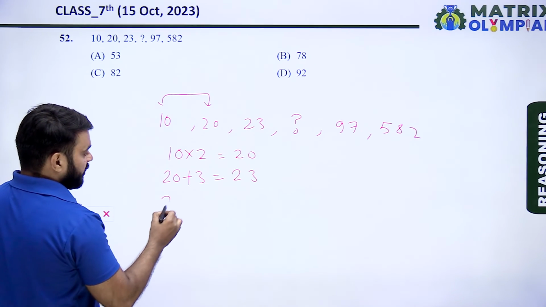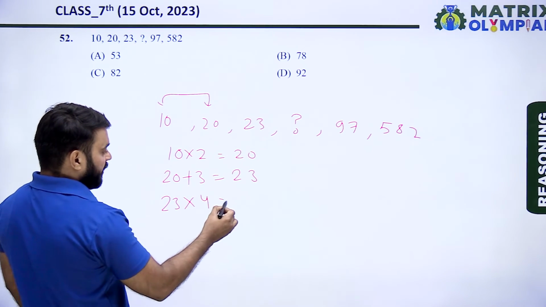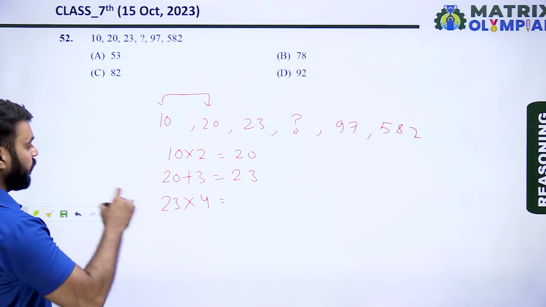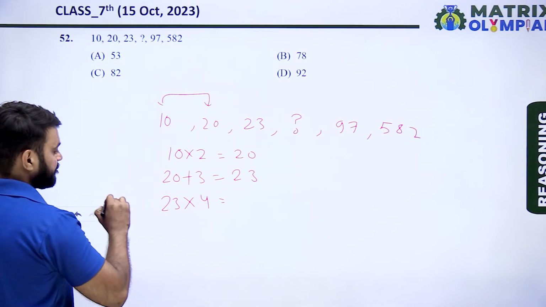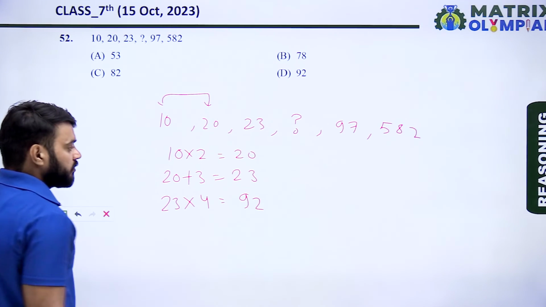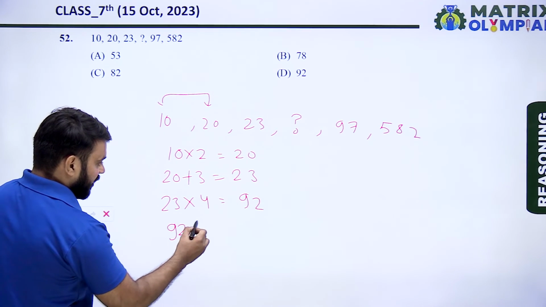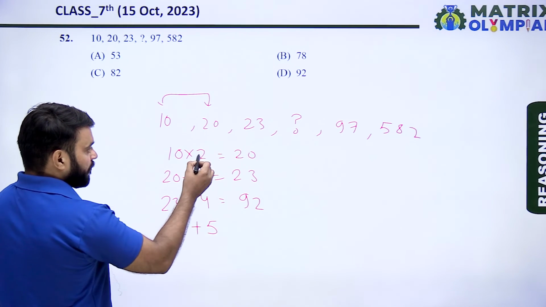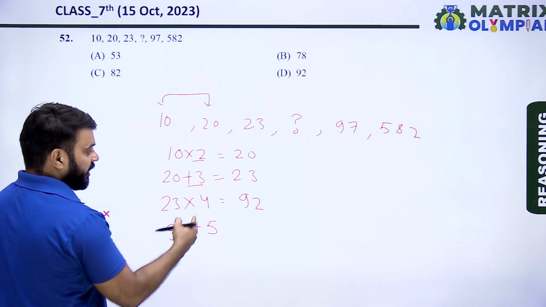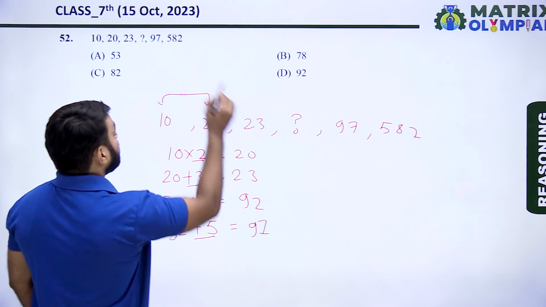Now again 23 multiplied by 4. It means 92. So 92. Now 92 plus 5 gives 97.